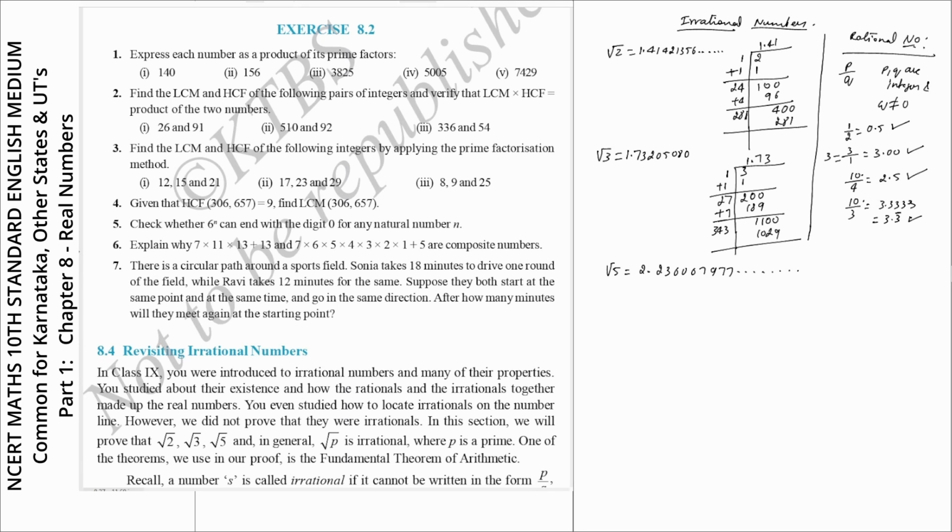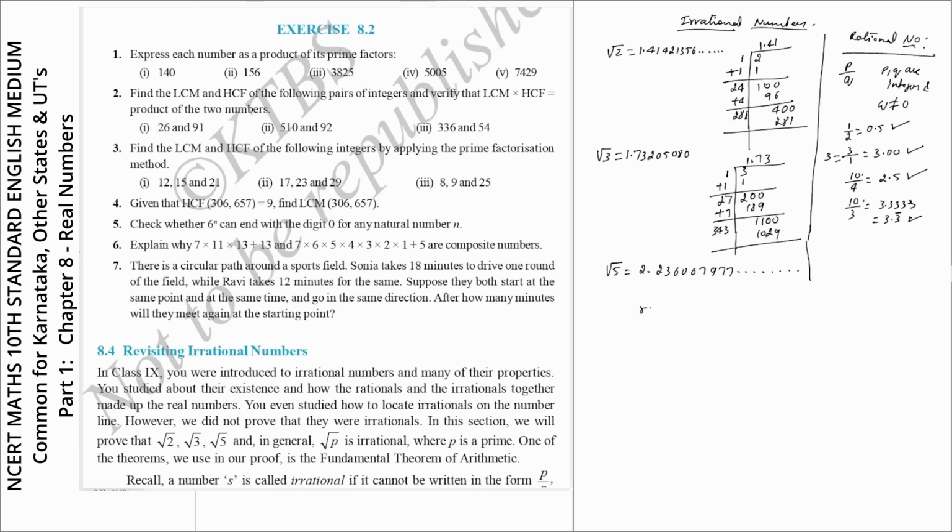So in a rational number the decimal equivalent is terminating or recurring, but in an irrational number the decimal equivalent is not terminating, also it is not recurring. That is the main feature of an irrational number.